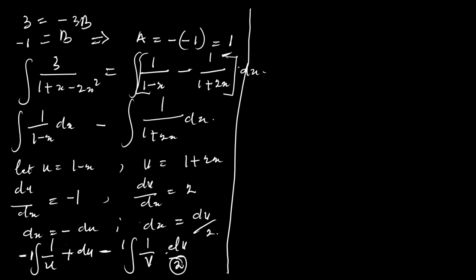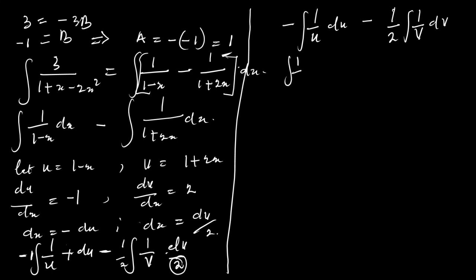Obviously, we can also bring this out to mean 1 over 2. So let me just rewrite it for clarity's sake. This is the integral of minus 1 over u du, minus 1 over 2, the integral of 1 over v dv.